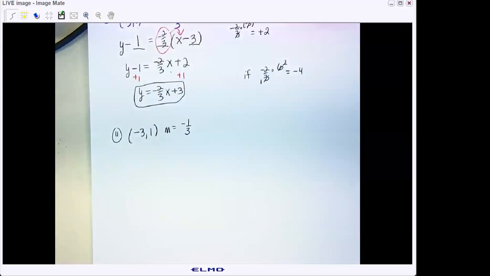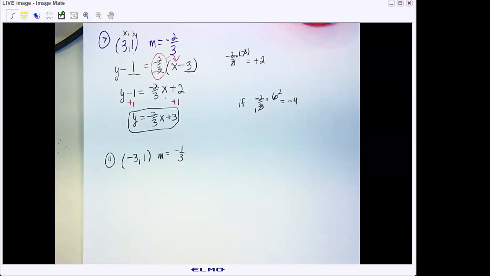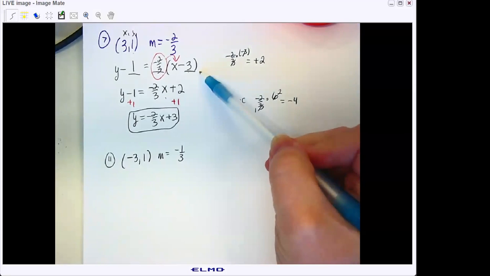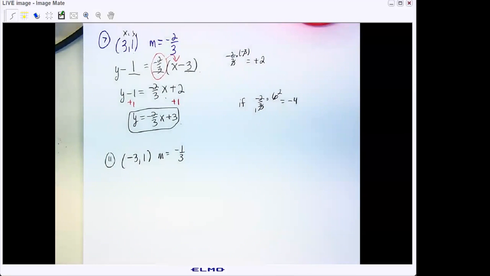Okay, so I'm going to have you do the same thing that we just did up above. Start with the point slope form, simplify it to slope intercept form, and put your final answer in the chat box.